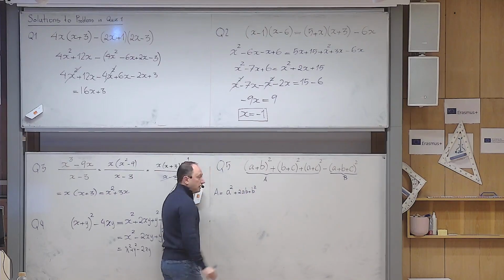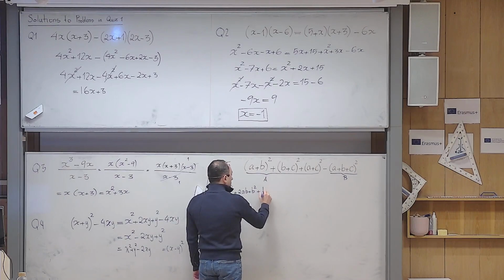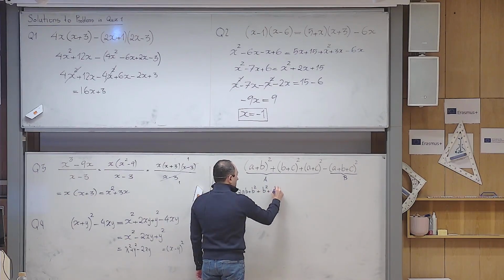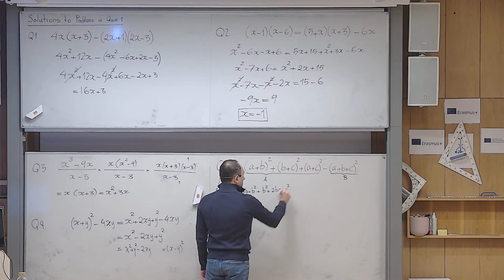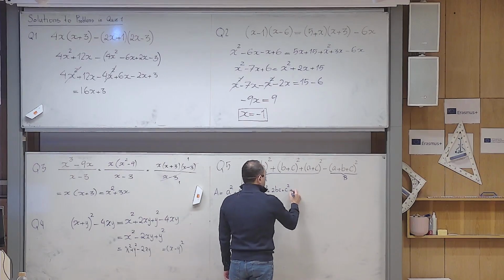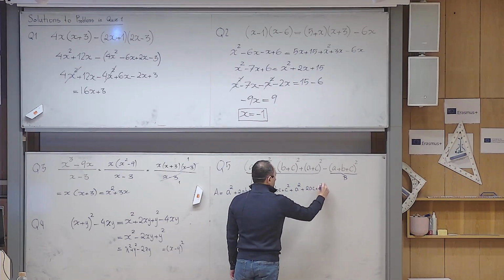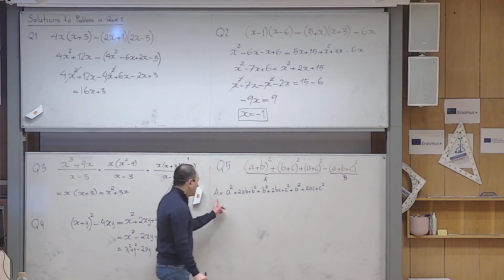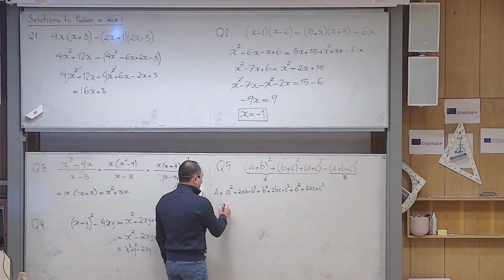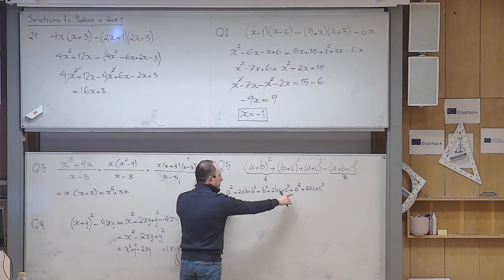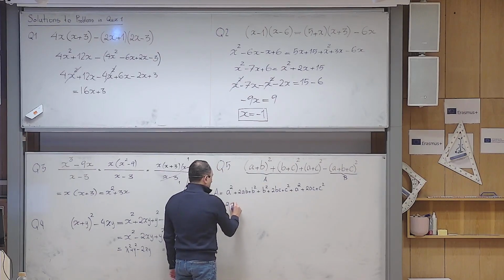Yes? And then what do I have here? Plus b squared plus 2bc plus c squared. And then here, plus a squared, 2ac, plus c squared. Okay, don't leave it like this. Part A is not finished yet because I see a squared appears here and there. It becomes 2a squared.